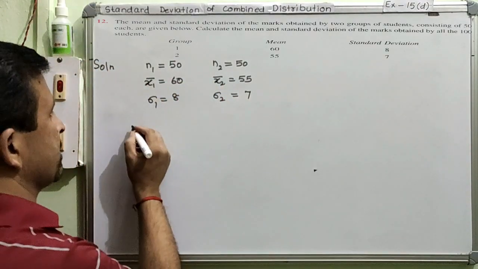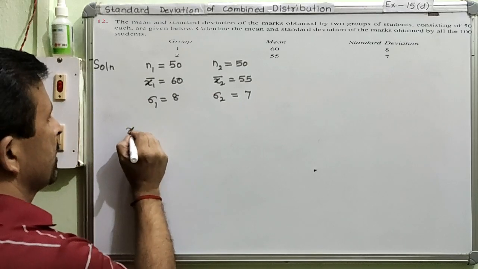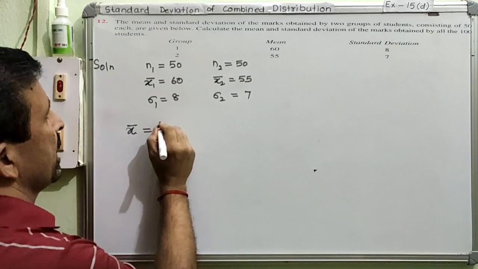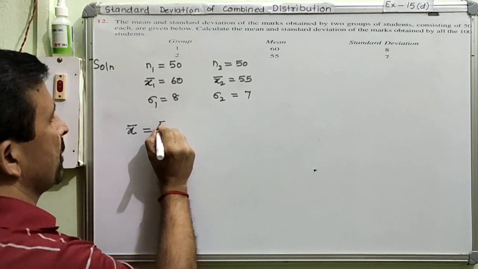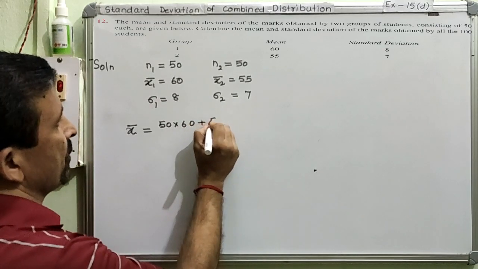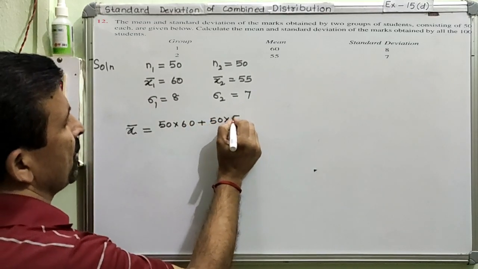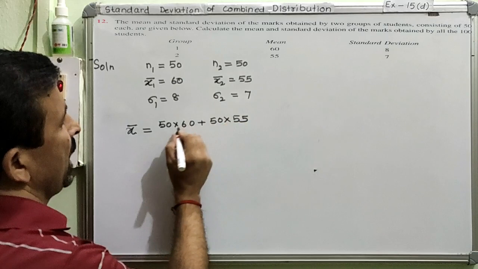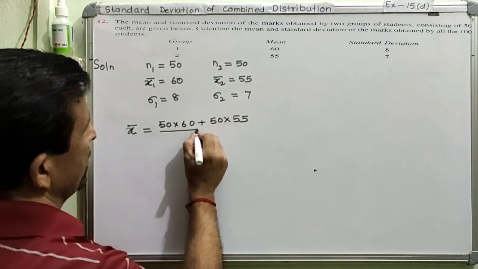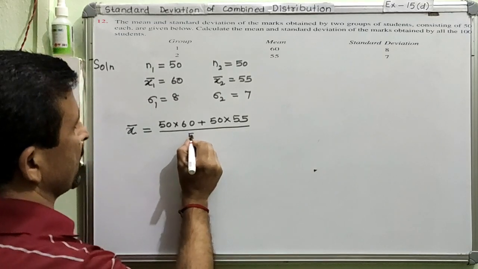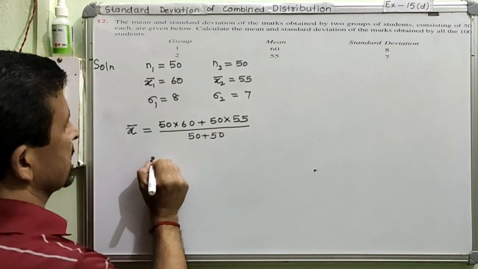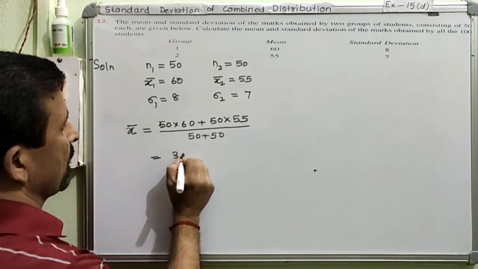First of all, the combined mean. X mean is equal to n1 x1 plus n2 x2 divided by n1 plus n2, that is 50 into 60 plus 50 into 55, divided by 50 plus 50.